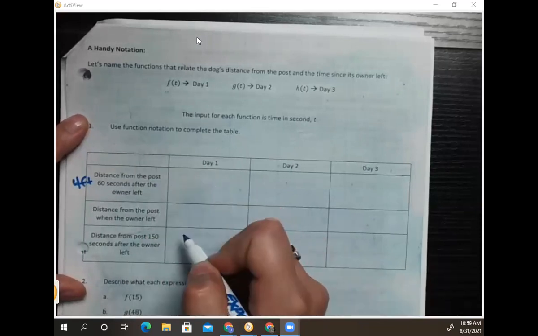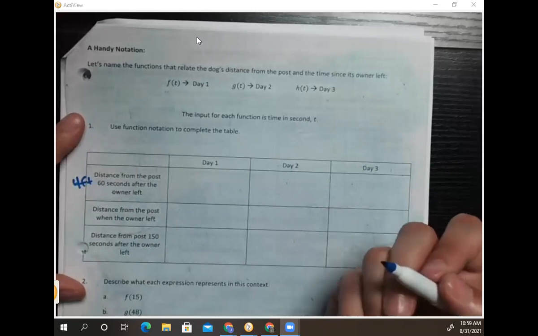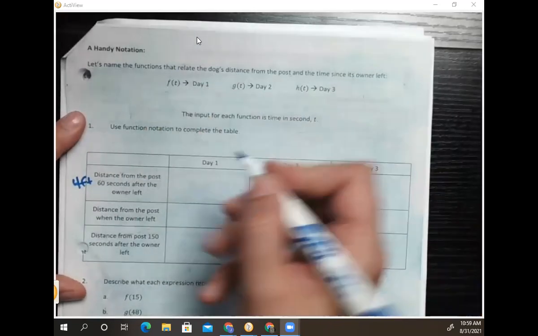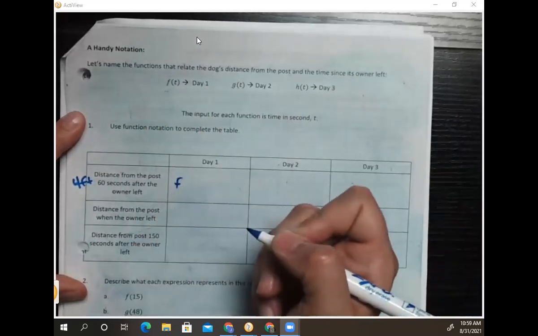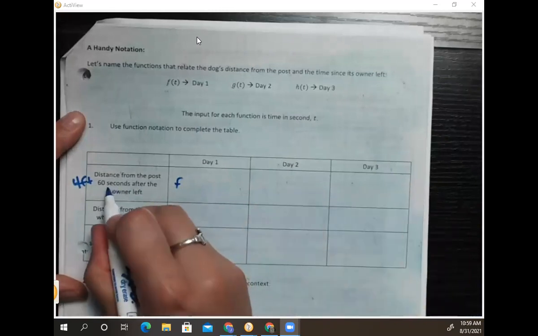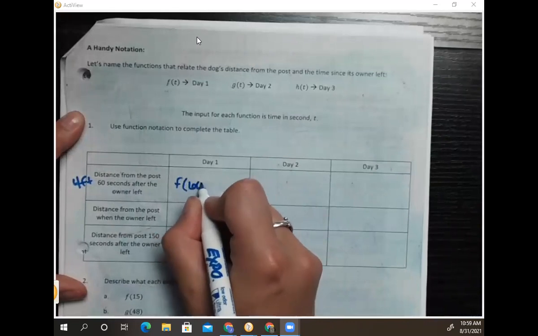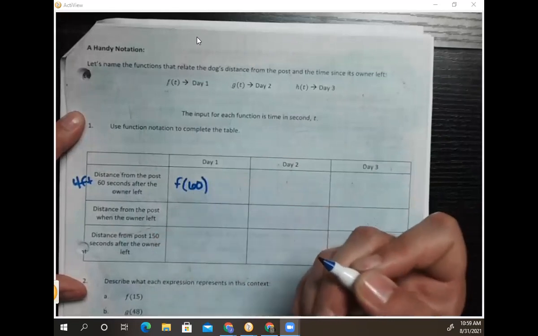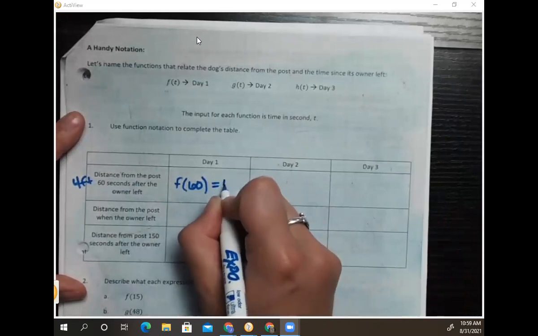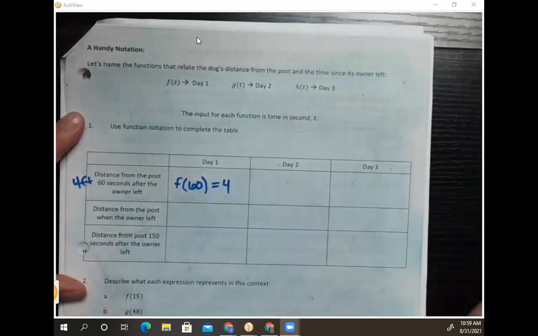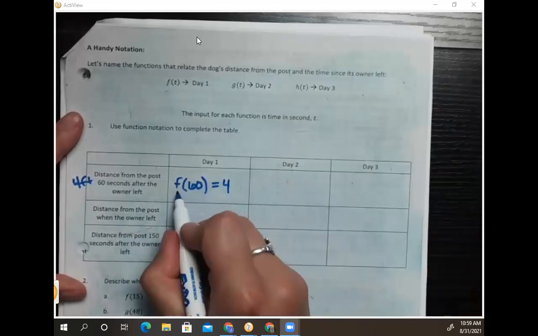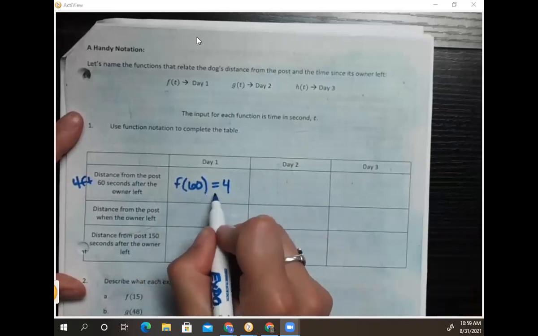So on day 1, if I'm talking about day 1, I'm going to use F. So on day 1, 60 seconds. So in those parentheses here, I'm going to put 60 because that was my time. Our dog was 4 feet from the post, so equals 4. I would read this as f of 60 equals 4.